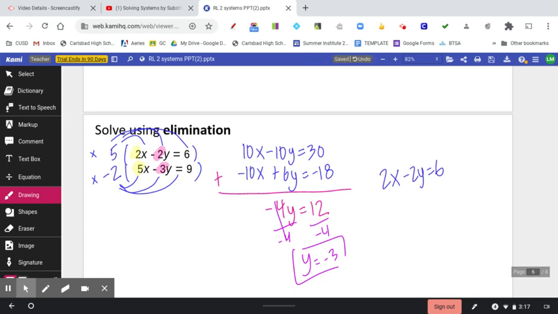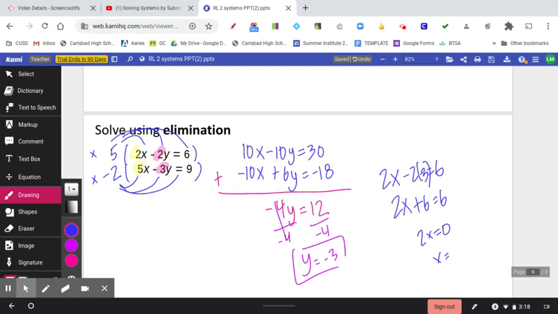If we know y equals -3, instead of y here, I'm going to substitute -3. Okay, just substituting in there for y. Let's finish this up. 2x, I had -2 times -3 is plus 6 equals 6. Solve for x, subtract 6 on both sides, 2x equals 0, divide by 2, x equals 0.